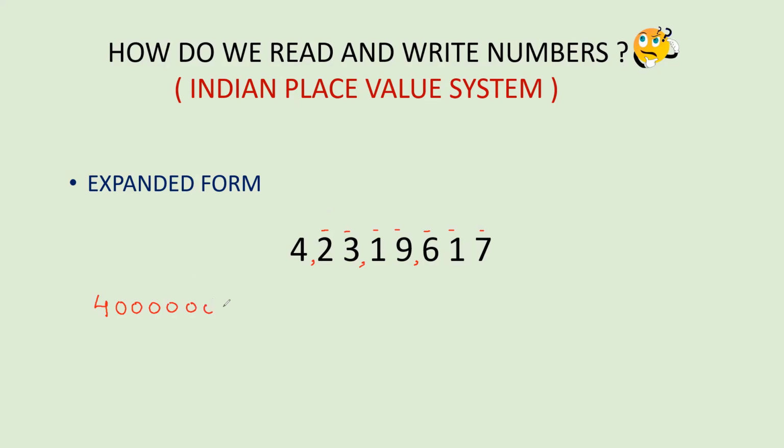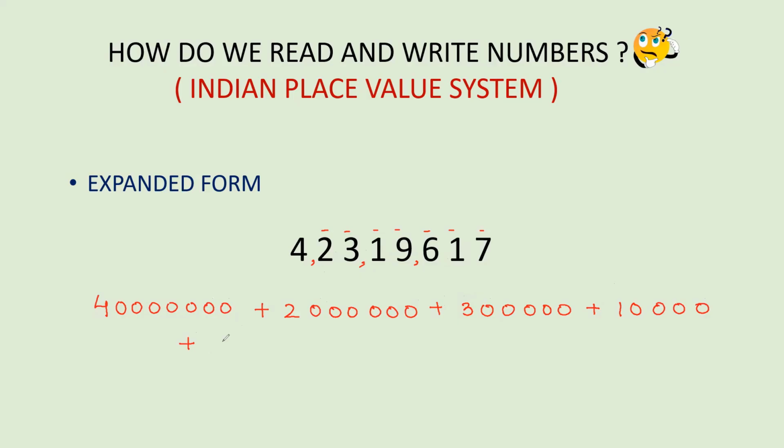We write down 7 zeros showing that 4 crores over here, plus. Then we move on to number 2. Count the number of numbers after 2. How many? 6. So we write down 6 zeros. Then number 3. How many zeros? 5 zeros. After this, number 1 with 4 zeros.